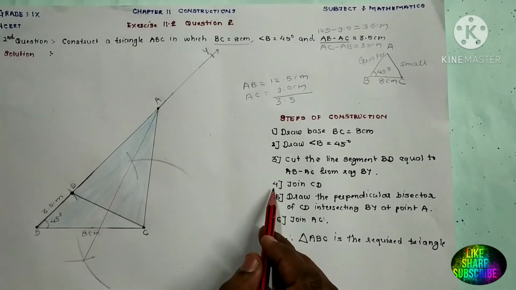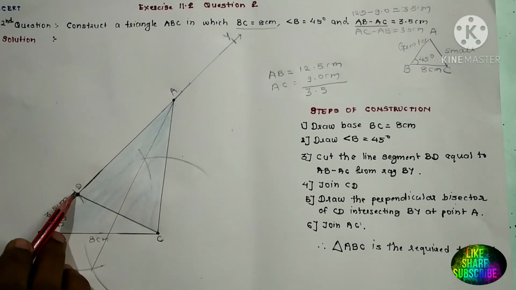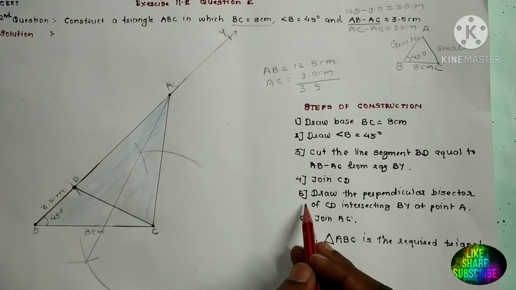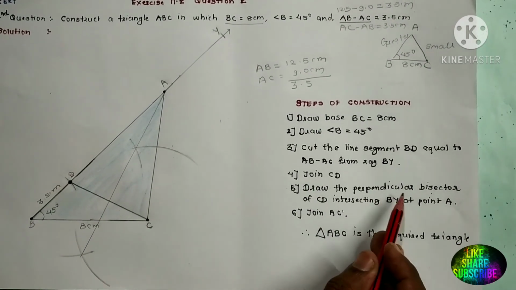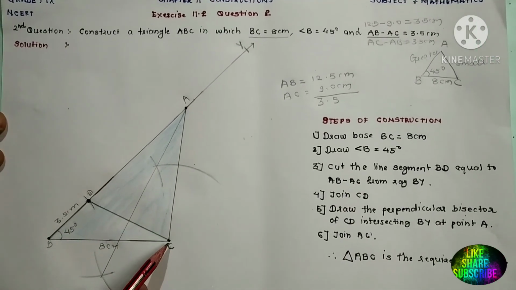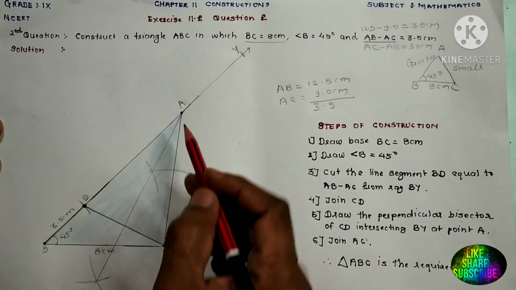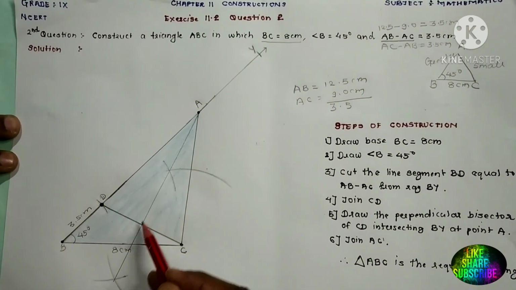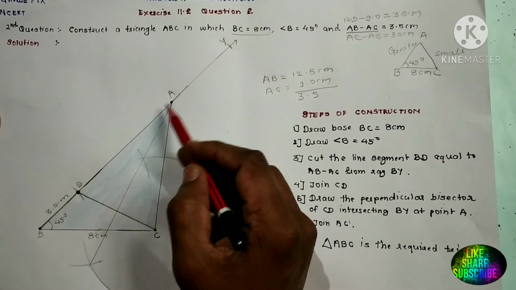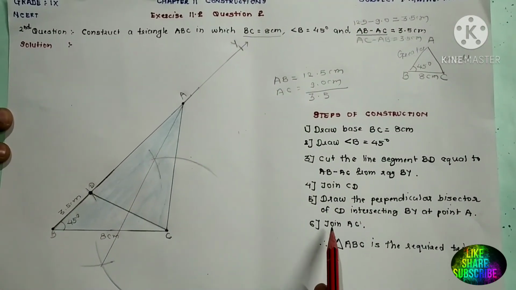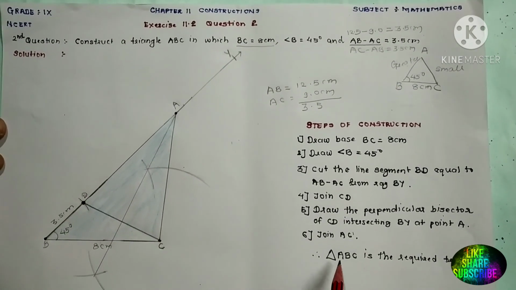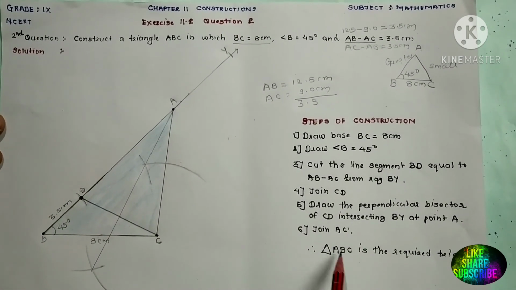The fourth step is join D and C. The fifth step is draw the perpendicular bisector of CD. So this is the perpendicular bisector intersecting BY at A. Then sixth step, join AC. So therefore this is the required triangle ABC.